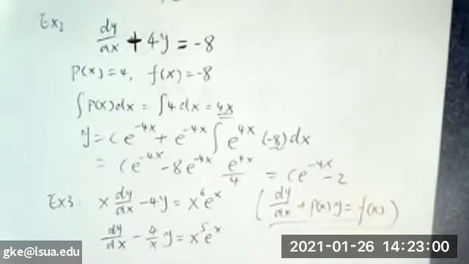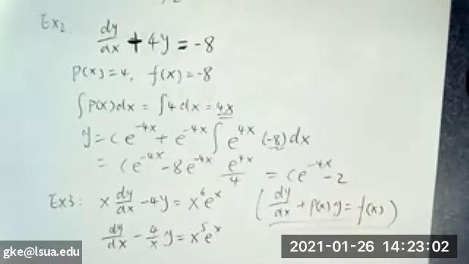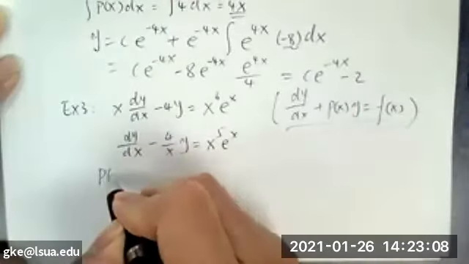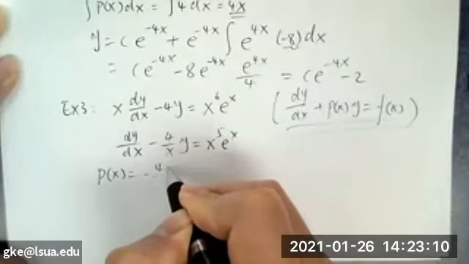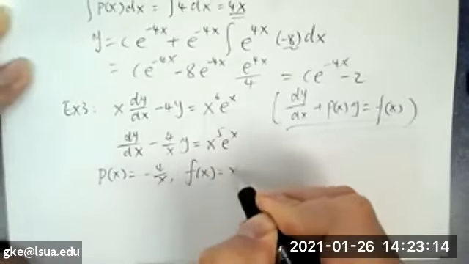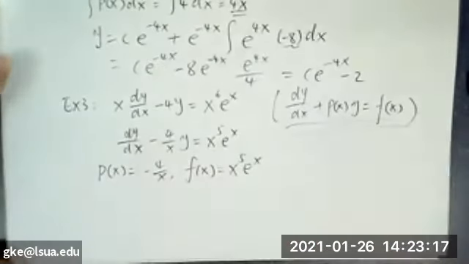Did you see it? Okay, now it is standard form, and we can write down the p(x) and f(x). And f(x) is this guy. And now we can follow the same strategy.